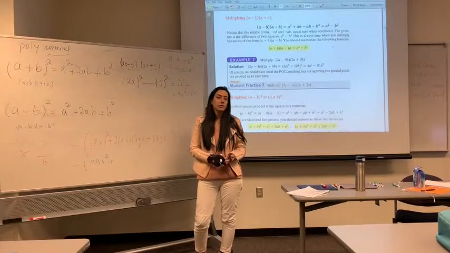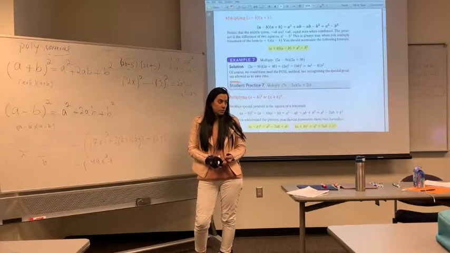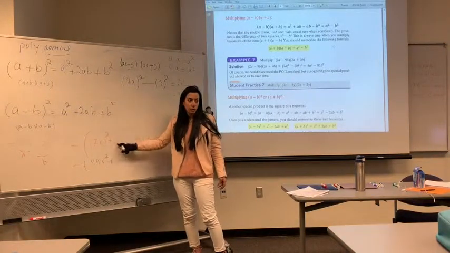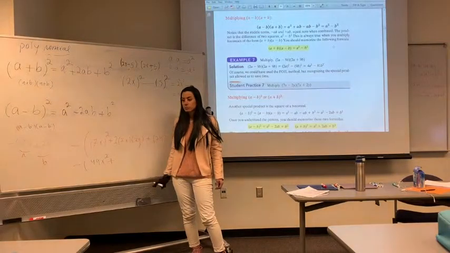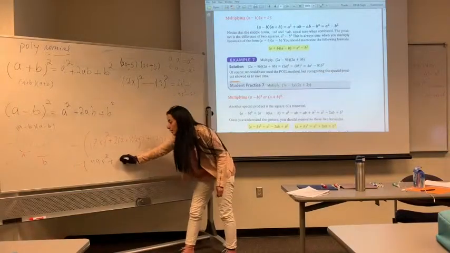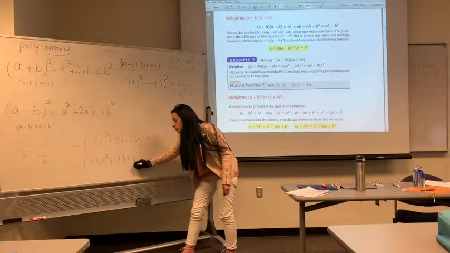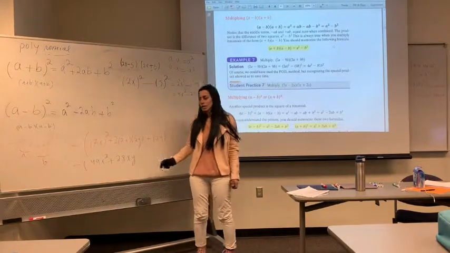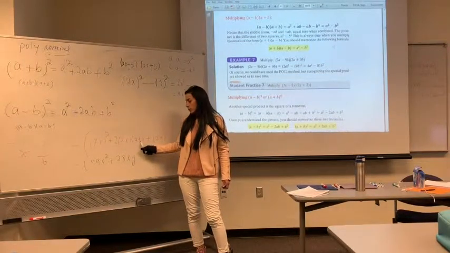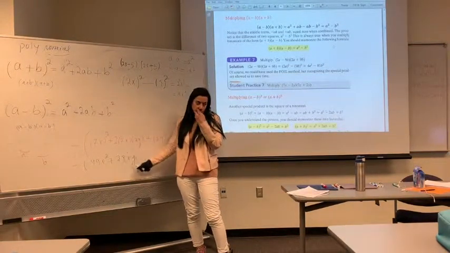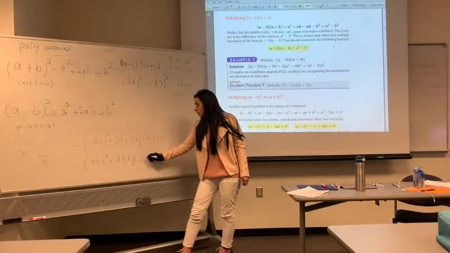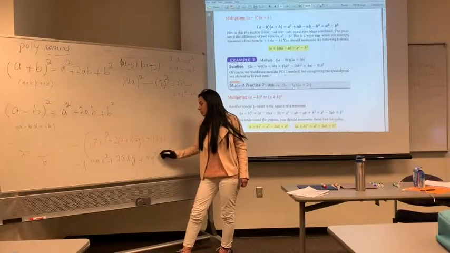You're multiplying all the coefficients. 2 times 7 is 14, and 14 times 2 is 28. So we put 28xy, because this one says x multiplied by y, and we already had x multiplied by y. That's why we put them together. Plus, we have 4y squared.